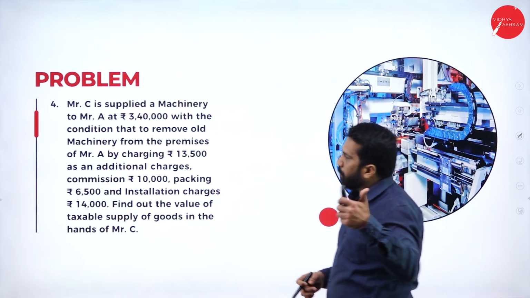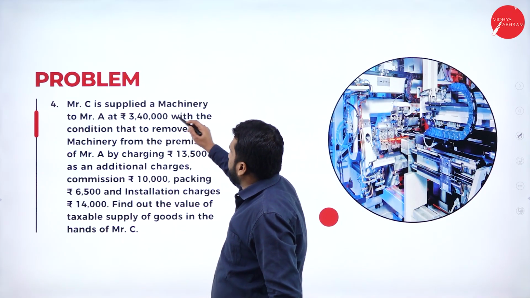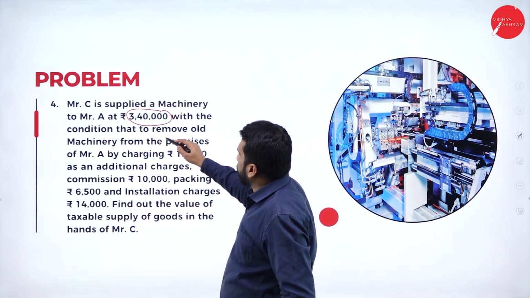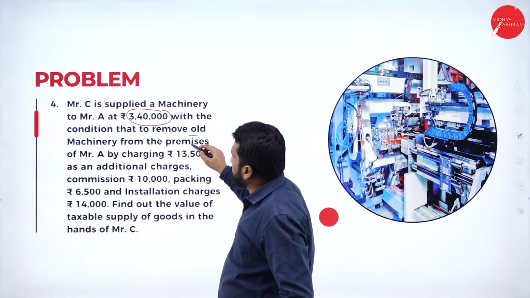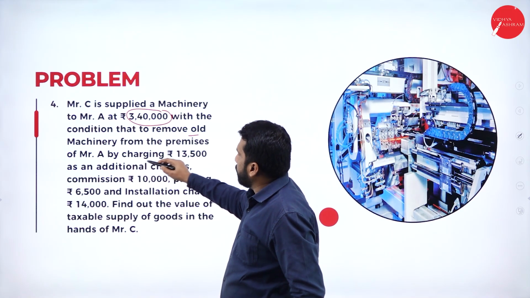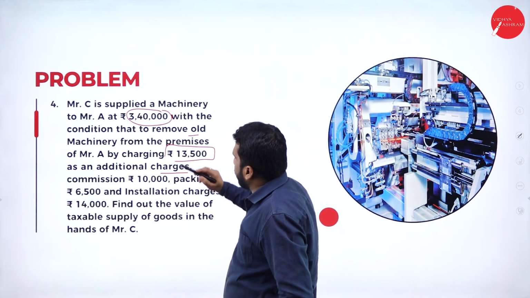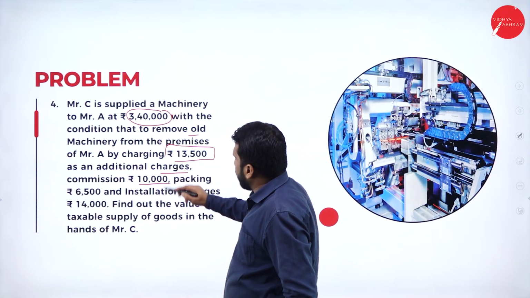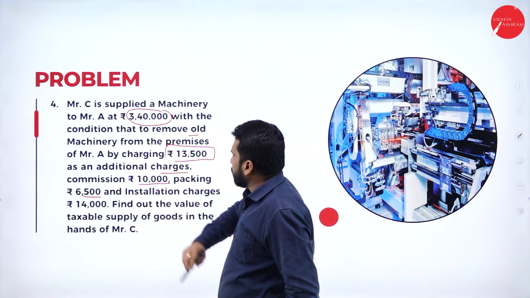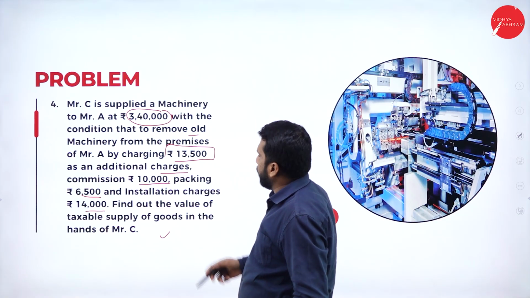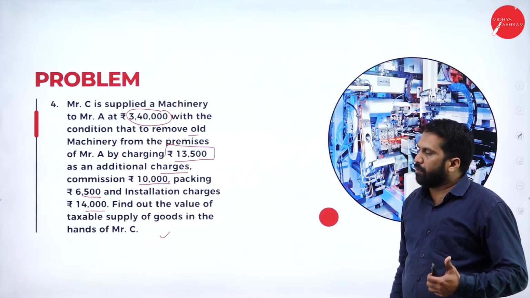Next, we'll go with the problem. C supplied machinery for rupees 3,40,000 with the condition that the old machinery be removed from the premises of Mr. A by charging 13,500 as additional charges. Commission 10,000, packaging 6,500, installation 14,000. Find the value of supply of C. Simple one.